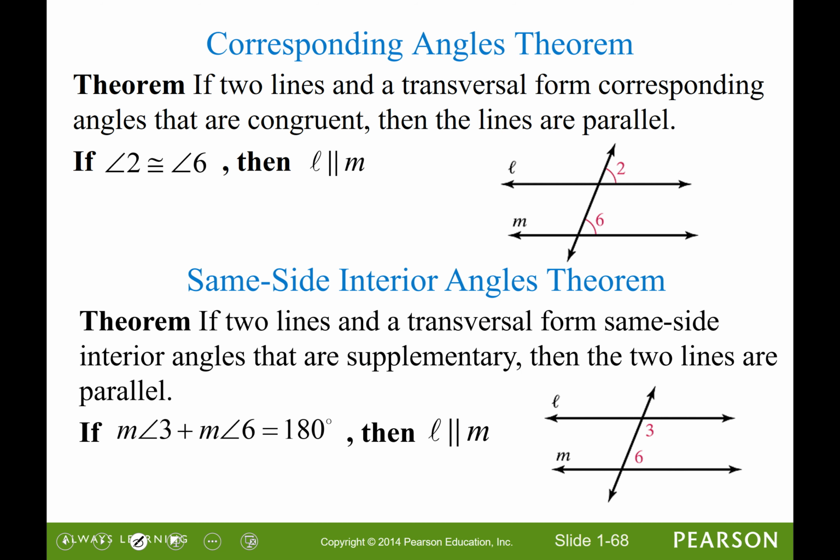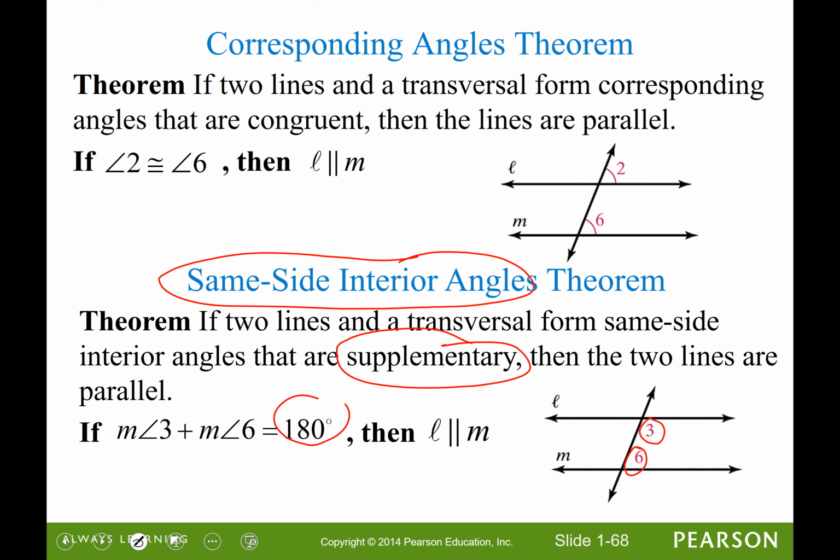All right, so if the two measures of 3 and 6 add up to 180 degrees, if you can find same side interior angles that are supplementary, that means they add to 180, then you can conclude that the two lines are parallel. So if you're able to show this right here, then you're able to add these arrows.